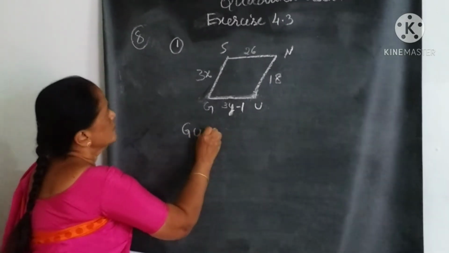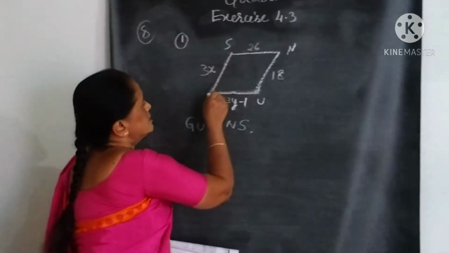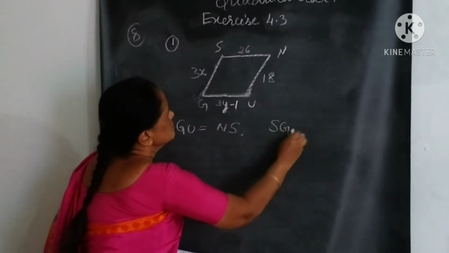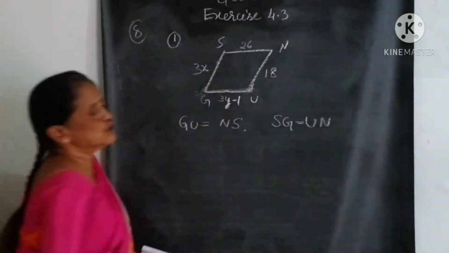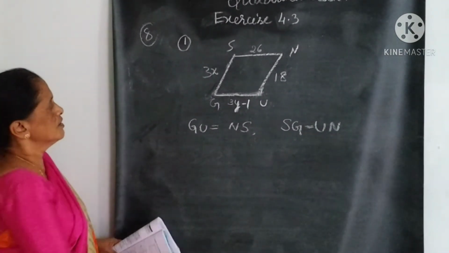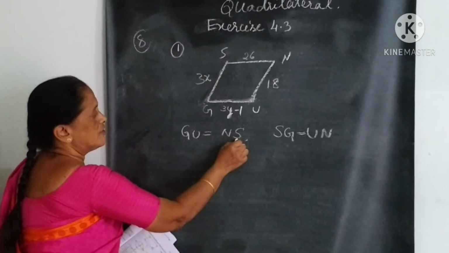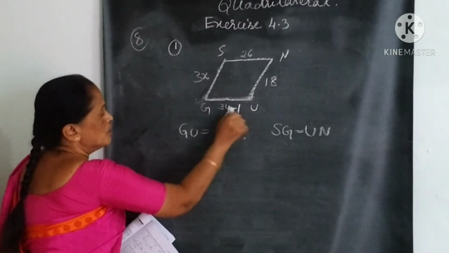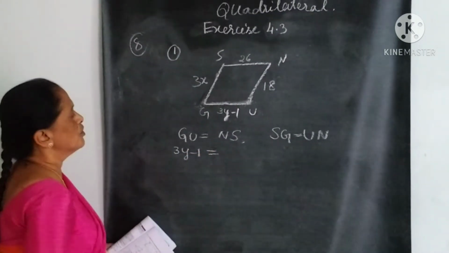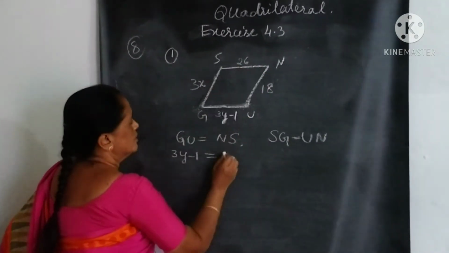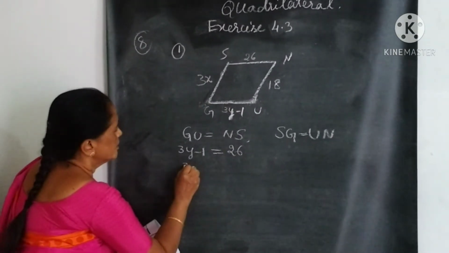GU is equal to NS and SG is equal to UN. These two opposite sides are equal. First find Y. GU is equal to NS. What is the GU value? That is 3Y minus 1 is equal to, what is the value of NS? 26. Substitute here. Then find the value of Y.